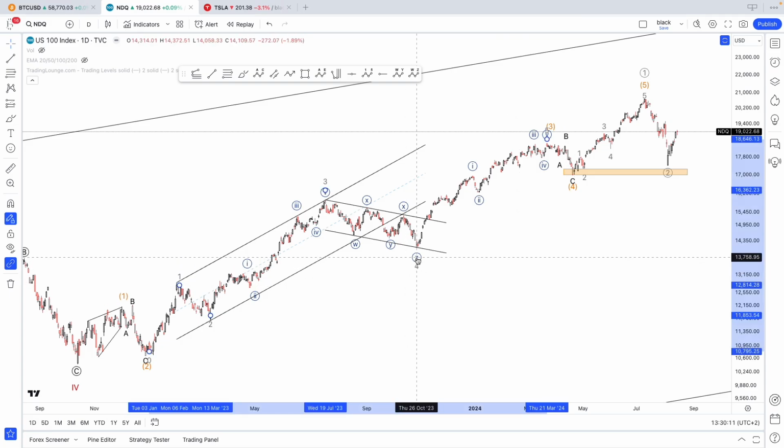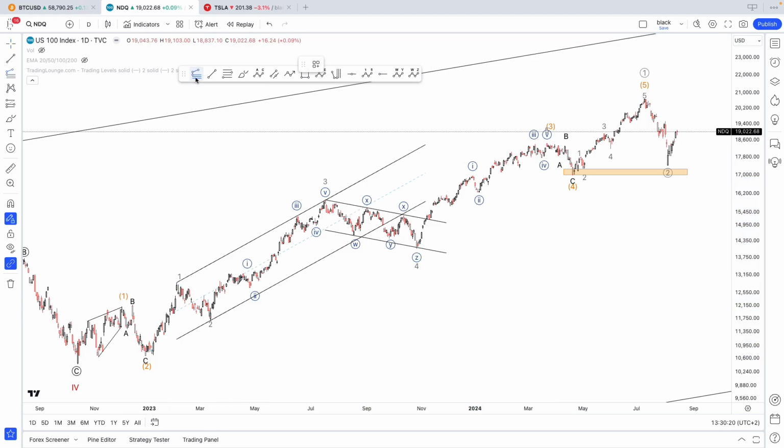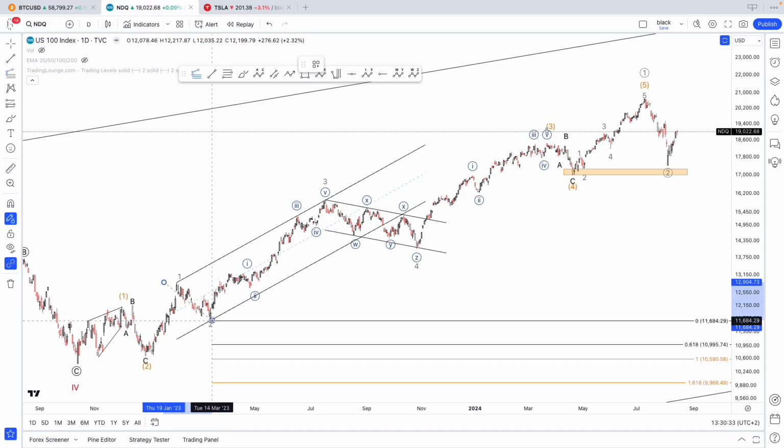Let's say you want to see where wave 4 is equal to the length of wave 2. So you take this tool and take the length of wave 2, which is this move here to the downside: first click, second click.